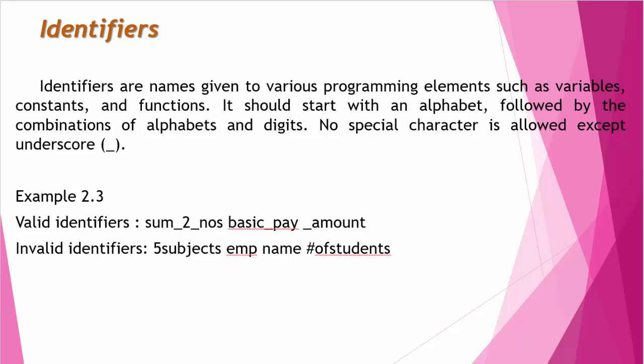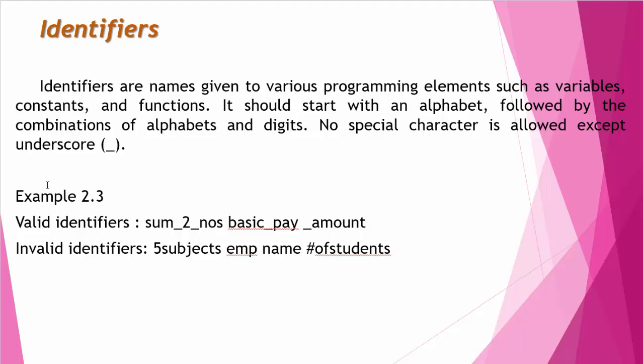So special characters and digits cannot be used to start an identifier, variable, constant or function. You can put only an underscore, in between or at the beginning, and it cannot start with a digit, but it can include digits in between the name.